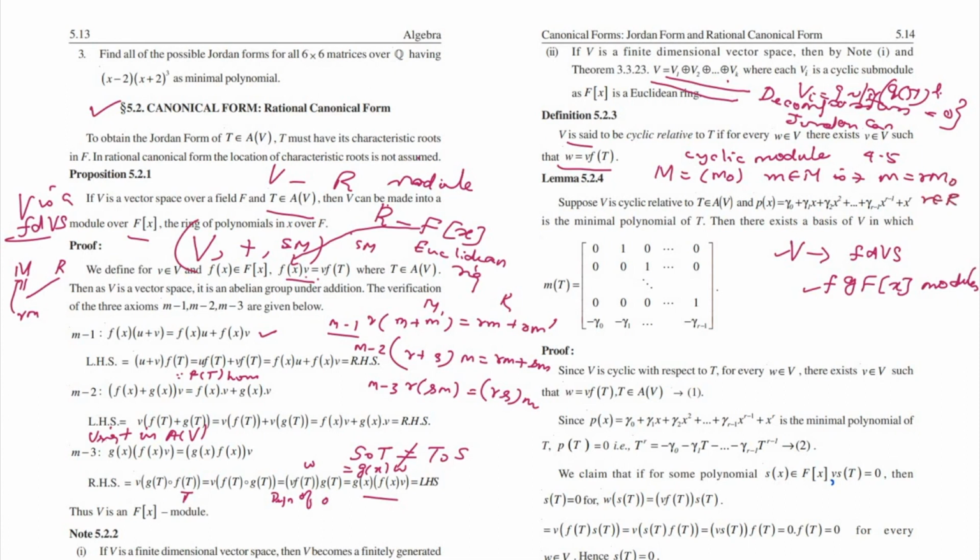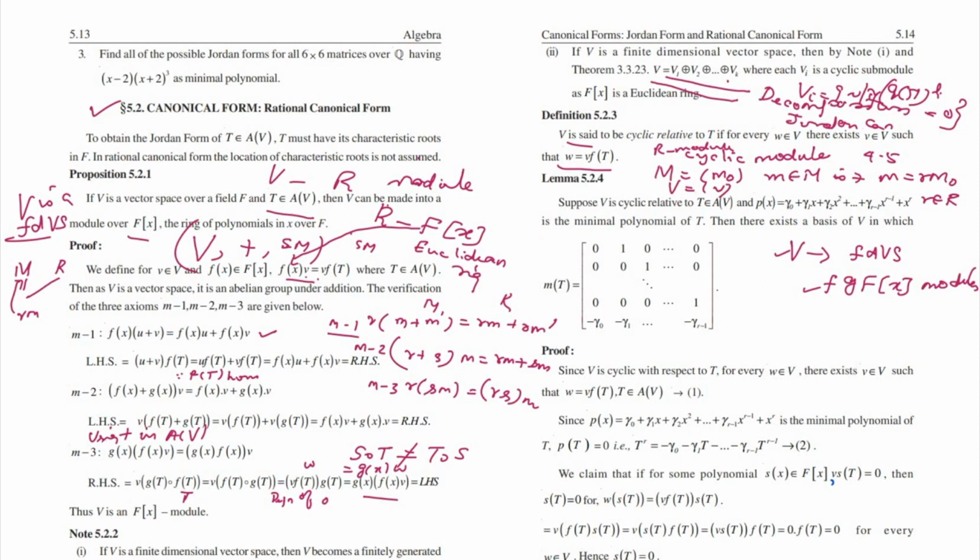Capital M is an R module, and we call it a cyclic module whenever you have this. This is similar to your definition of cyclic group. So in this case also, when we have this V, we can say that V is generated by this small v.